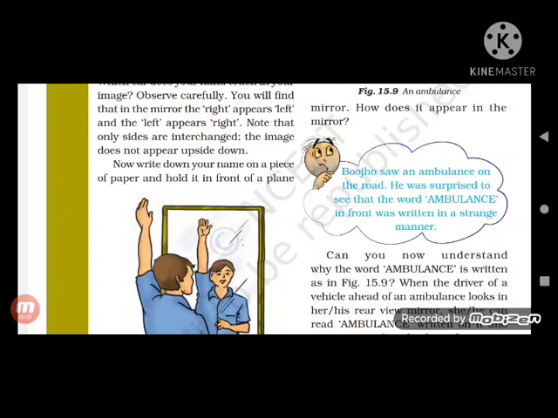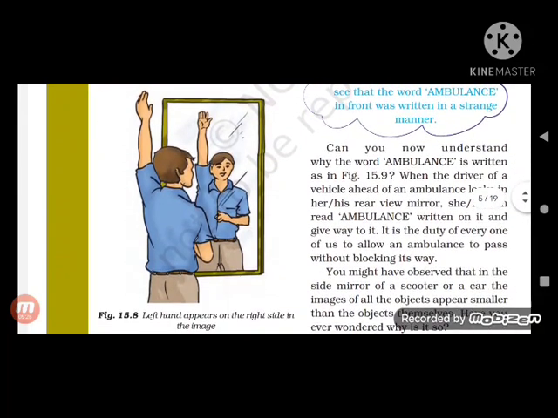So Boojho is here. Boojho is thinking that the word ambulance is written over there in a strange manner. Why is it written in a strange manner? Ambulance is written in a strange manner because it is seen in a scooter driver's mirror.